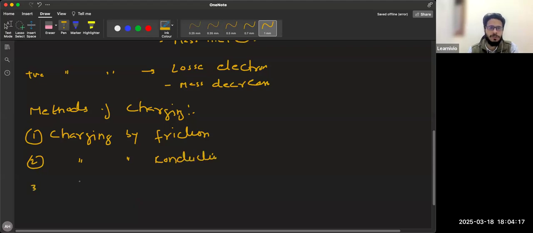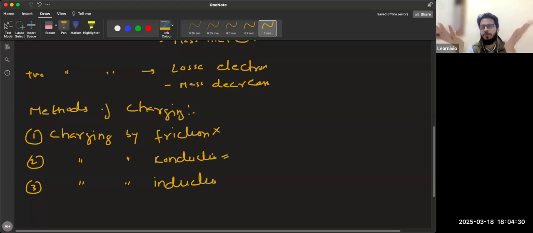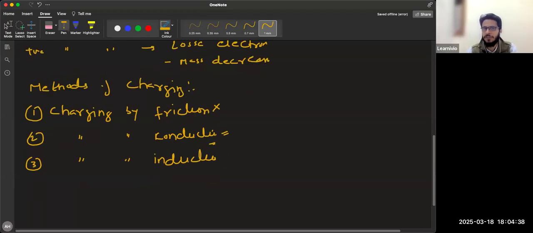The third one is charging by induction. The only topic from which you can get questions is charging by conduction. I'm not discussing charging by friction. In charging by friction, we just rub 2 objects, so the charge is transferred from one object to another. I'm not discussing it. Start with charging by conduction.